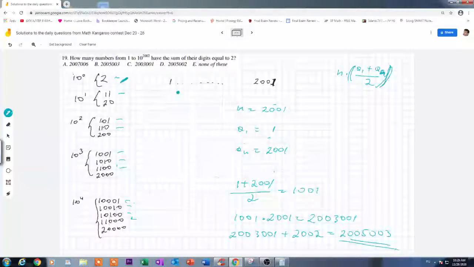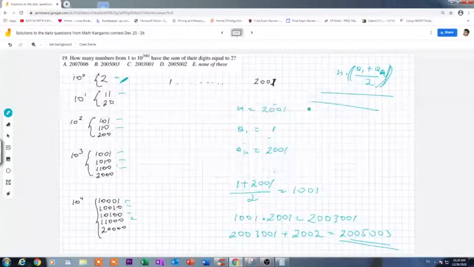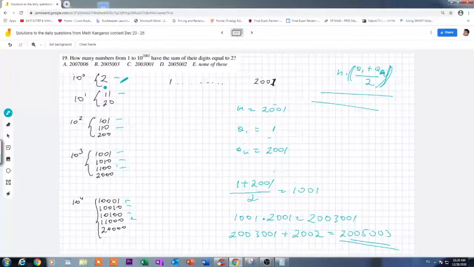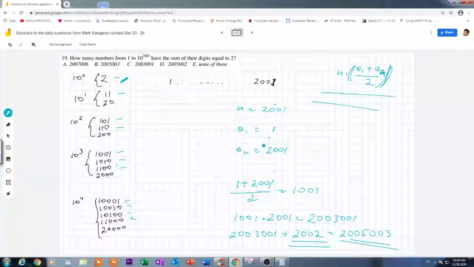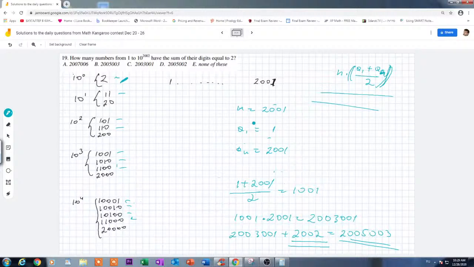To find the sum of this arithmetic sequence, we use this formula. And then we have to add all the numbers that have 2 in them, and we'll have exactly 2002 numbers. So that's why the solution is 2,005,003.